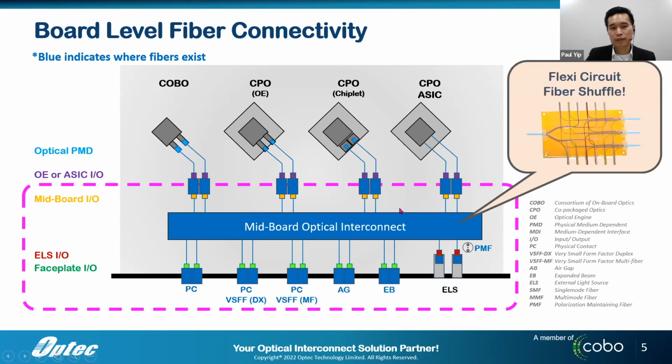What we learned from the industry is that the reflow is used in the chipset fabrication, so it is separate. We can load these passive fiber shuffles before or after the process of assembling these ASICs on the PCB boards. So reflow is not required in this scenario. Okay.